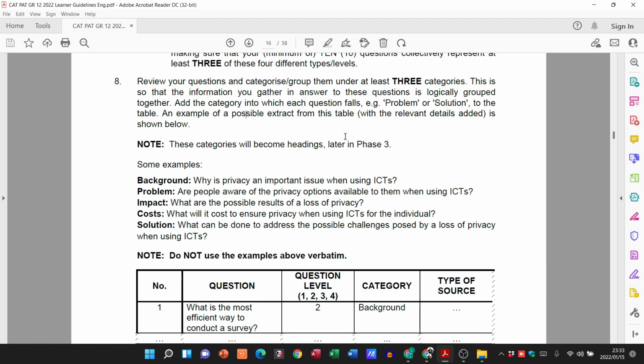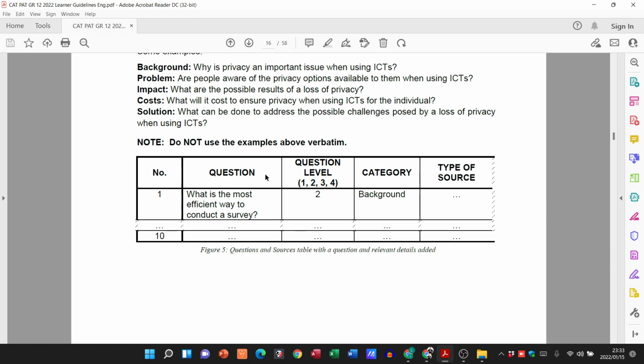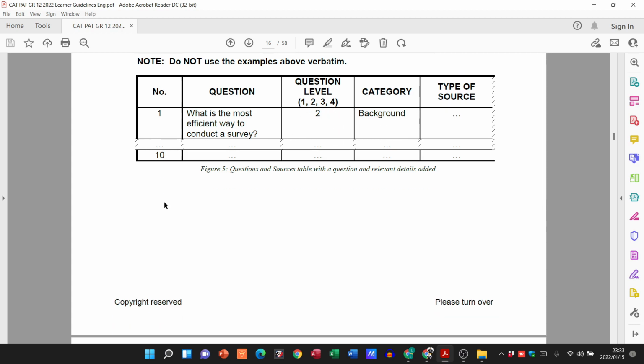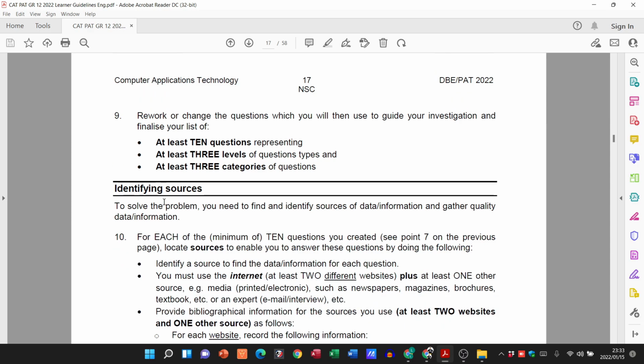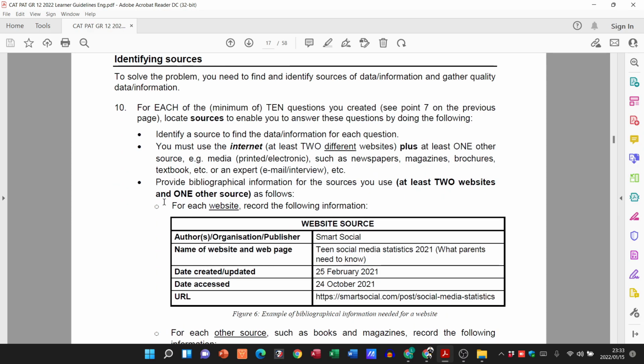These categories will become headings later in phase 3. They give you some examples. Here you can see there's a question, there's the level, and there's the category. Okay, so guys, everything is spelled out very simply. Here you can see is identifying your sources, because once you're done with that table, you're going to have to create another one.